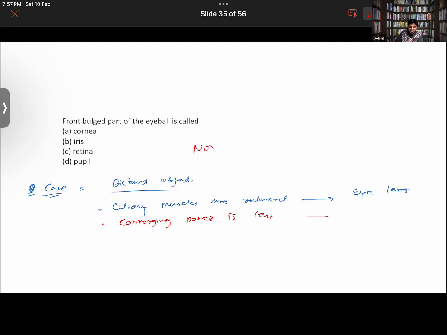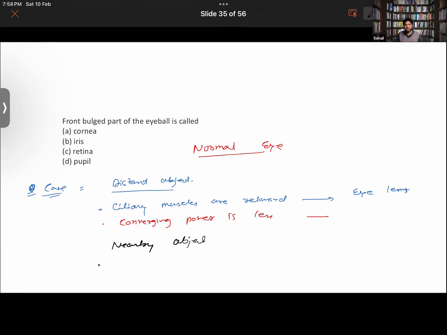If the eye has no defects, a normal healthy eye, and guys, what if the objects are nearby? If the objects are nearby and your eye is looking at the nearby objects, then what happens? The ciliary muscles will get stretched.